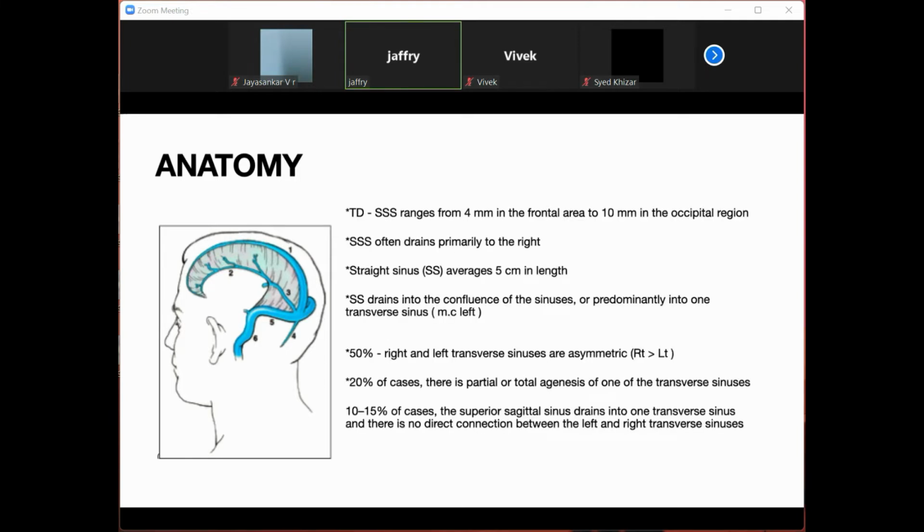So the anatomically important points are the superior sagittal sinus and the straight sinus. If we compare the straight sinus to the superior sagittal sinus, it is one third in size, and it is usually 5 centimeters. The superior sagittal sinus is around 4 mm in diameter anteriorly and 10 mm posteriorly.